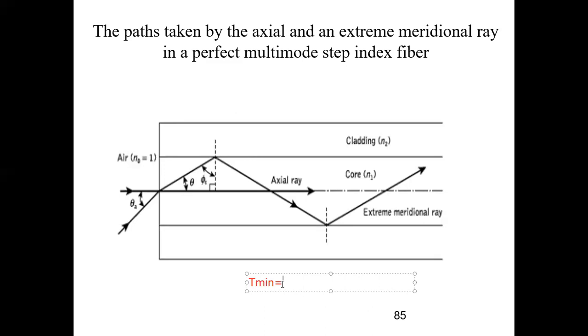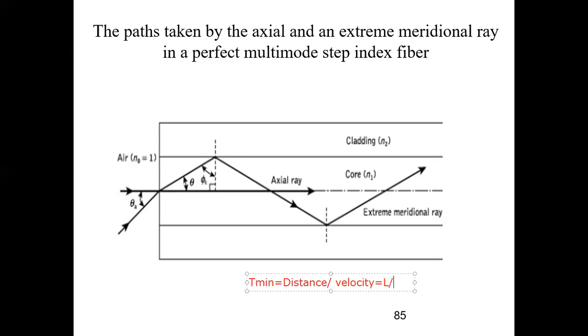Time is equal to distance by speed. Here we'll take the word velocity. Time is given by distance upon velocity. Now distance is already mentioned. It is L.